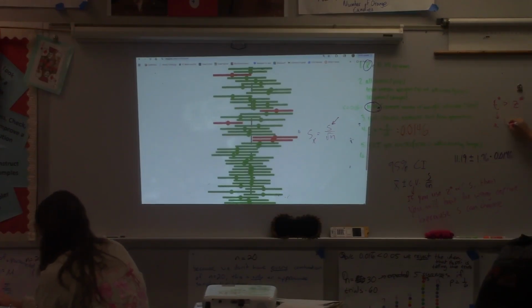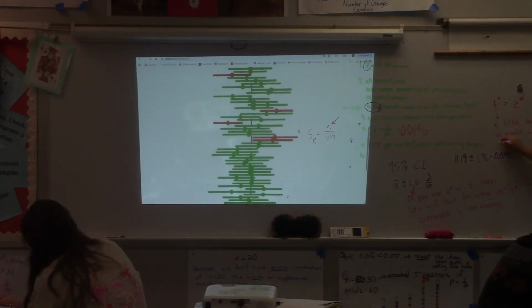So this is a little larger to make a correct capture rate. If the critical value is a little bit bigger, what else is that going to make bigger?